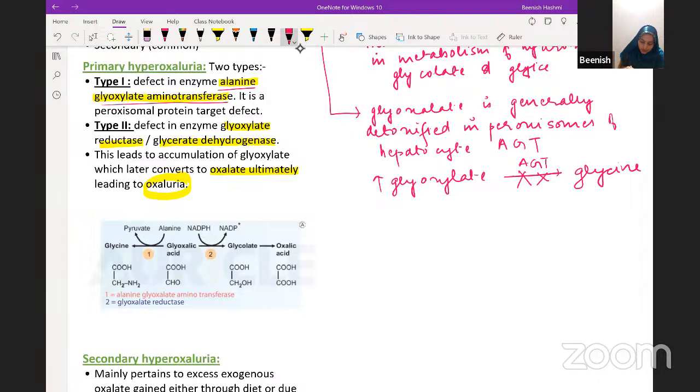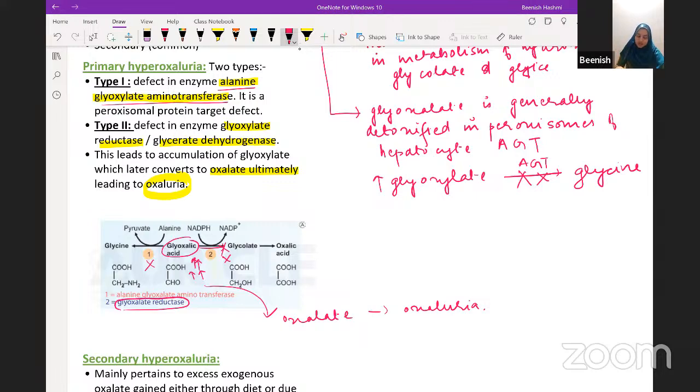See, your glyoxylic acid, in case your AGT is defective, it will increase, and in case your glyoxylate reductase is defective here, this will not take place, so it cannot form glycolate. Then again your glyoxylic acid will increase if this is also defective. So what will form? It will form oxalate. This increased glyoxylate will form oxalate, leading to oxaluria.